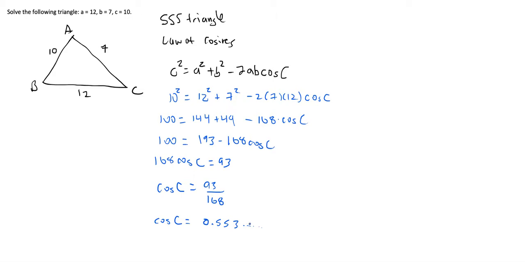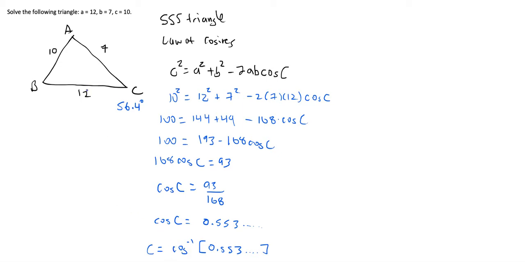Remember, C is the cosine inverse of this number, so don't round it. Just keep it in your calculator and do the cosine inverse of it. You should get that C is 56.4 degrees. That's what C is going to equal here.